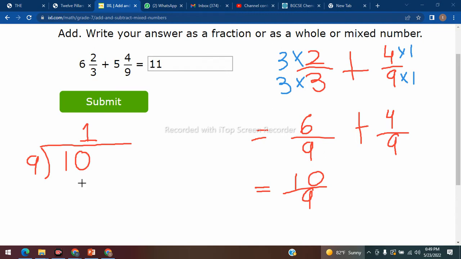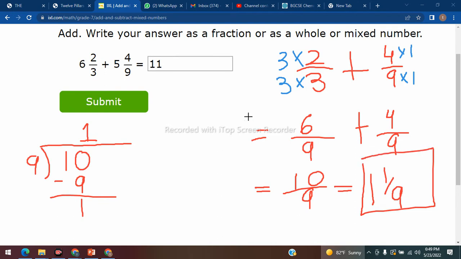9 times 1 is 9. And then it's going to be 1 over 9, my fault. So 1 and 1 over 9. Good. And so we're going to take this 1 over 9 and add them up. It's going to be added to the 6 and the 5.